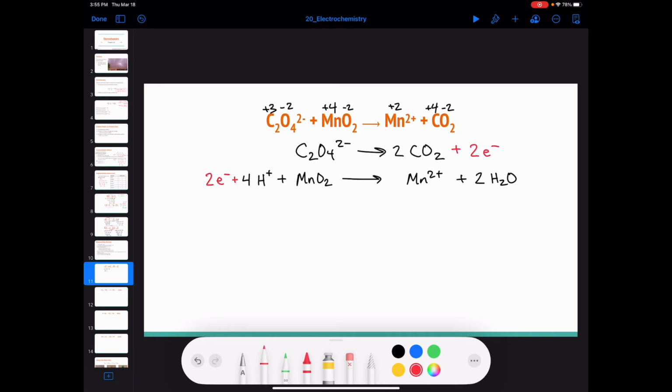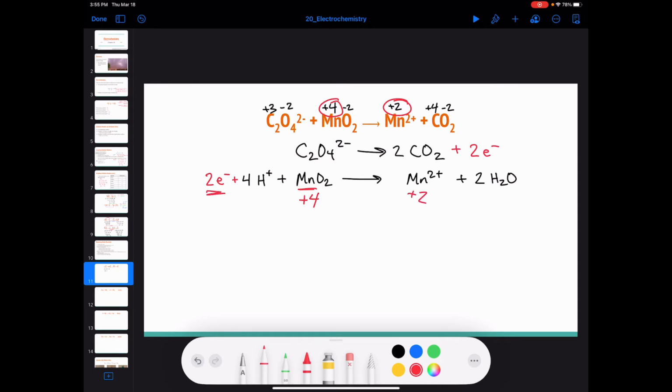Now, I mentioned previously that you don't actually have to assign oxidation states, but it is a good way to check. So here's how we check. We notice that our manganese here went from a +4 down to a +2. And so it would make sense that to go from a +4 down to a +2, we must have had to add 2 electrons to it, right?